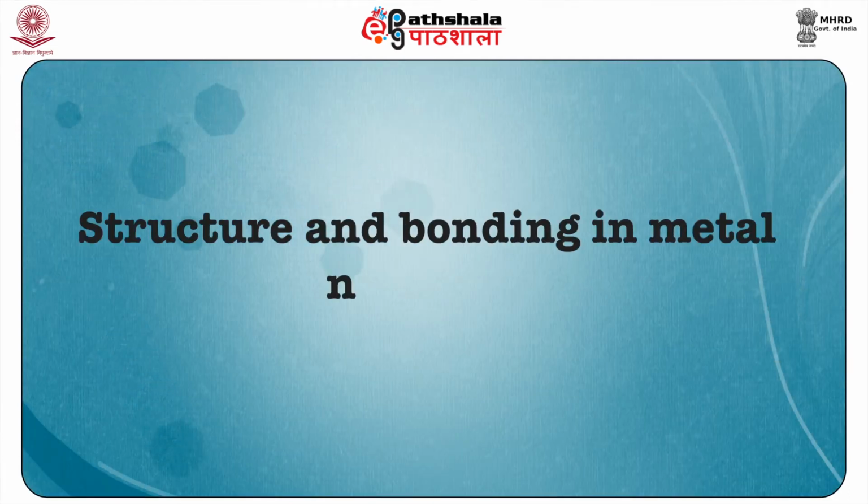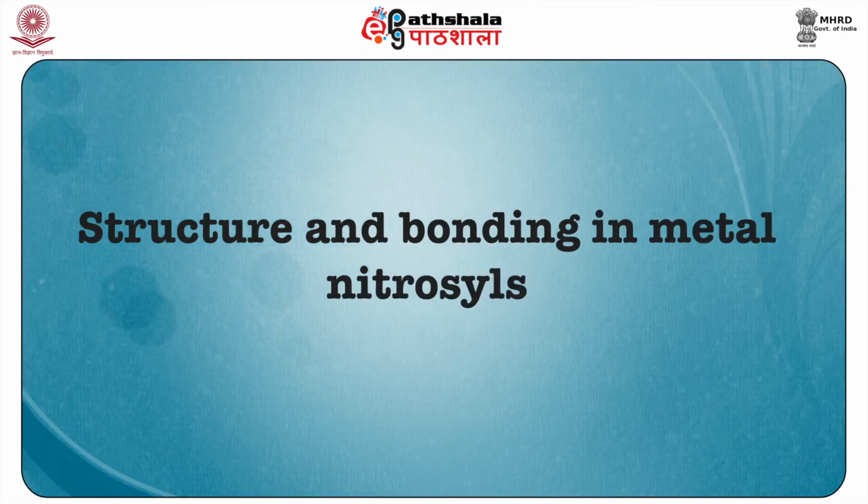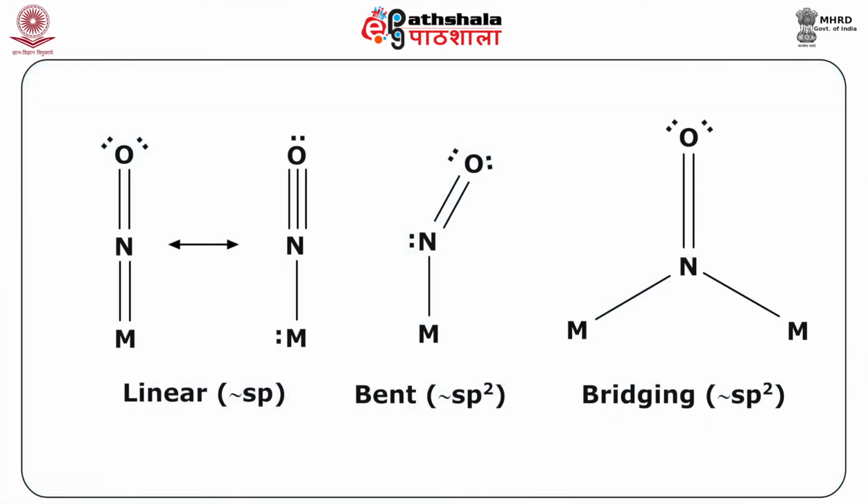Structure and bonding in metal nitrosyl complexes. Nitric oxide acts as a ligand which displays a variety of coordination modes in its metal complexes. In general, nitric oxide displays three major bonding modes.